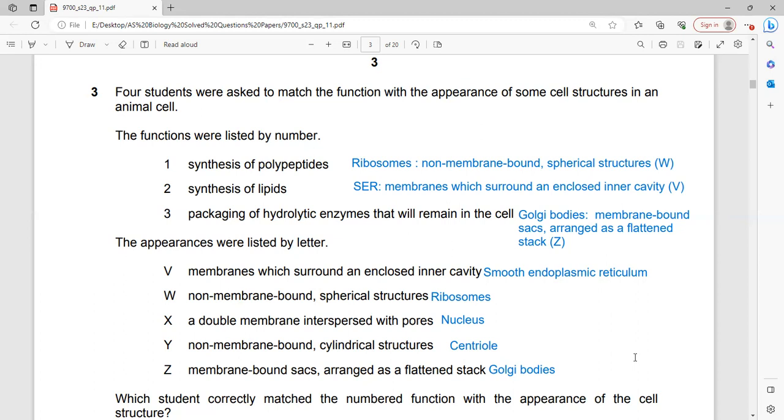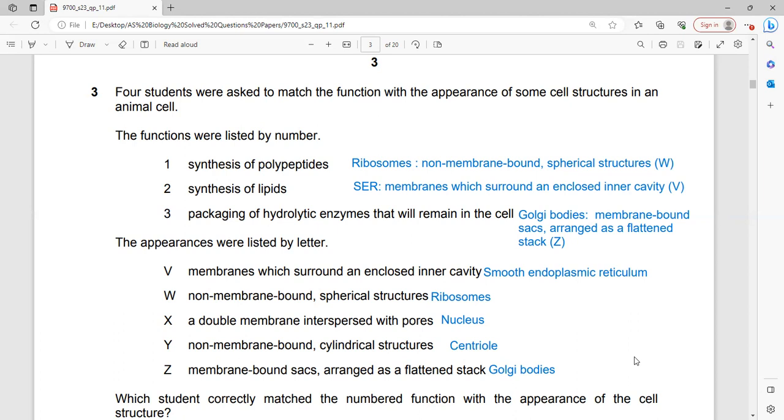The synthesis of lipid is the responsibility of the smooth endoplasmic reticulum, a membrane which surrounds and encloses an inner cavity. So this option V is correct. X is a packing of hydrolytic enzymes that will remain in the cell, performing internal or external cell digestion.